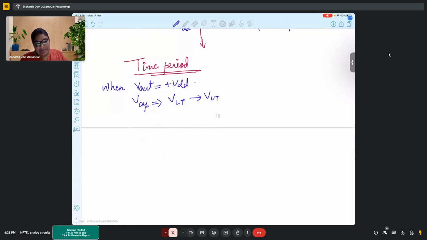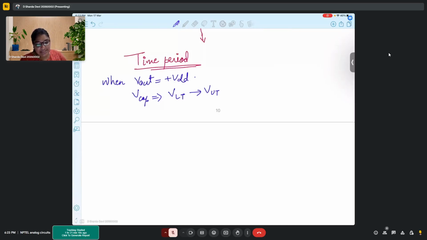So we will substitute this into the capacitor charging equation to find the time constant. Vc of t is nothing but Vc of infinity plus Vc of 0 minus Vc of infinity, times e to the power minus t upon RC.